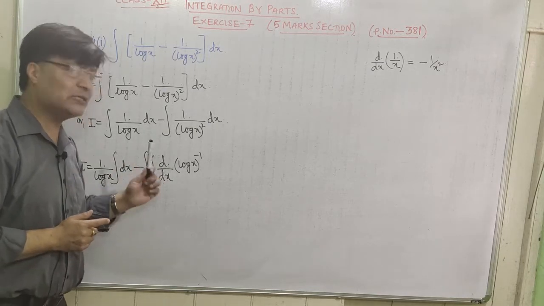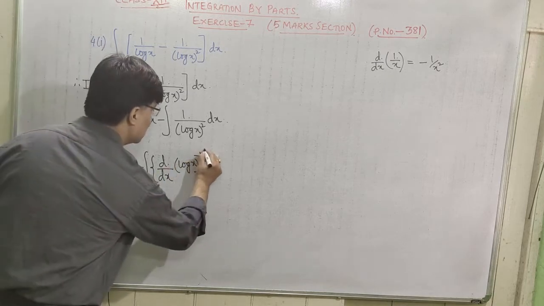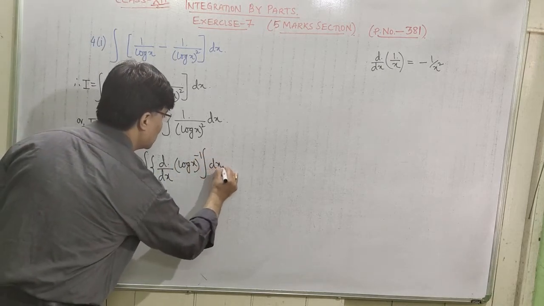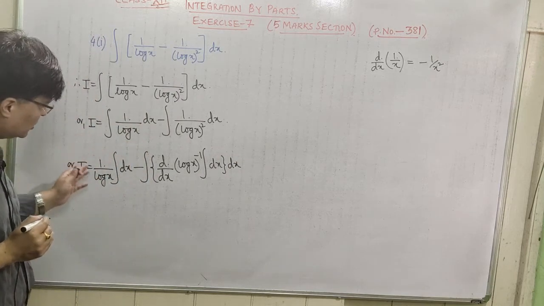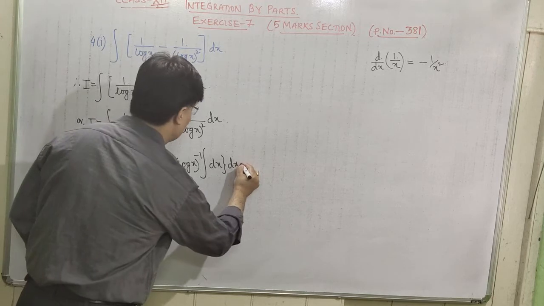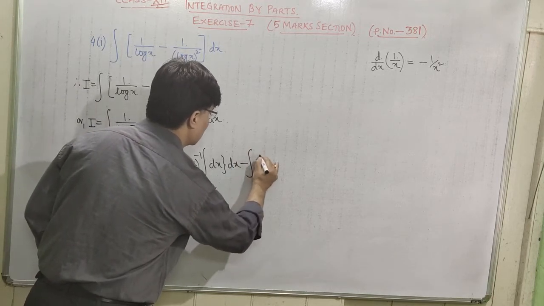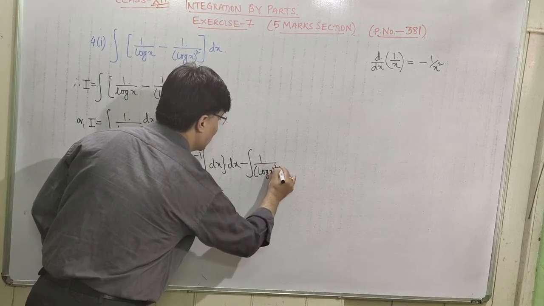That's why this log x is taken to the numerator, right? So this is integration of dx, second bracket closed, dx. So this is your integration by parts. Now the second term is kept as it is, minus integration of 1 upon this is your log x whole square dx.